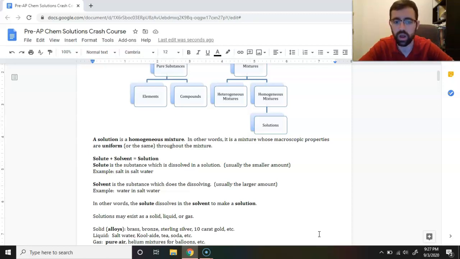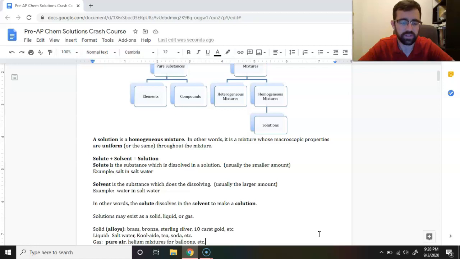Brass, bronze, sterling silver, and 10-karat gold are examples of solid solutions or alloys. Any gold that is less than 24 karat is not pure gold, which means it's a mixture, so it would be an alloy.